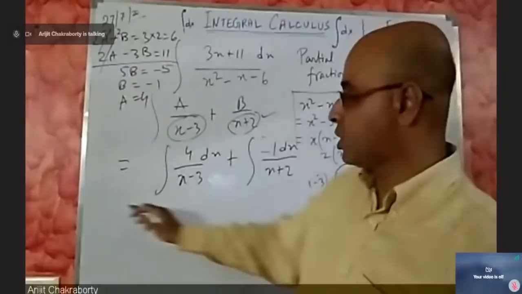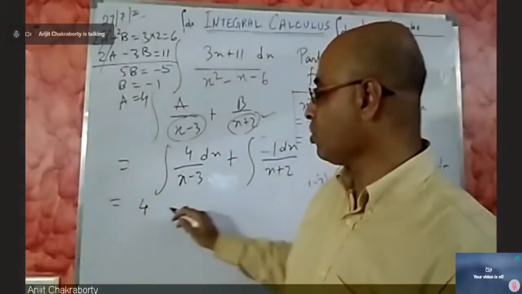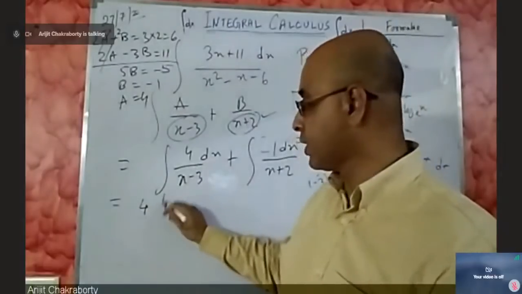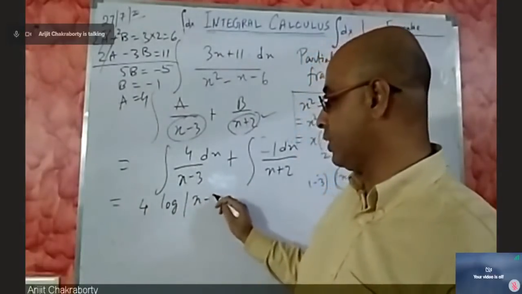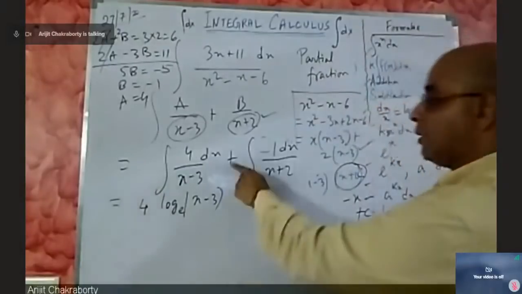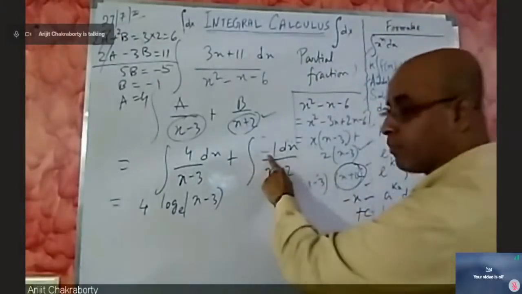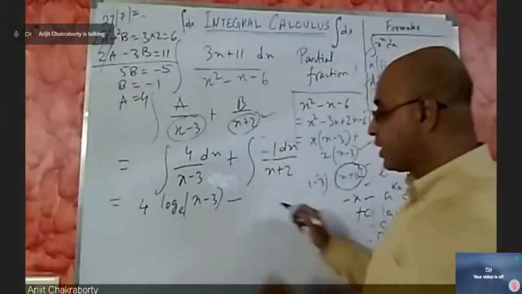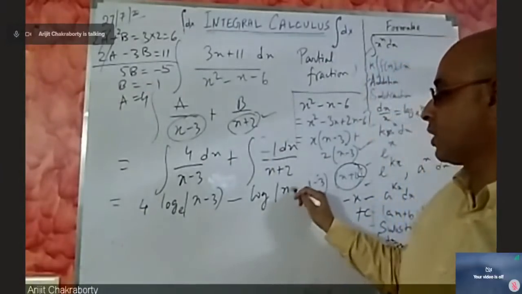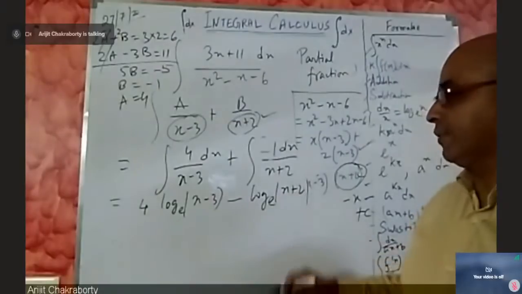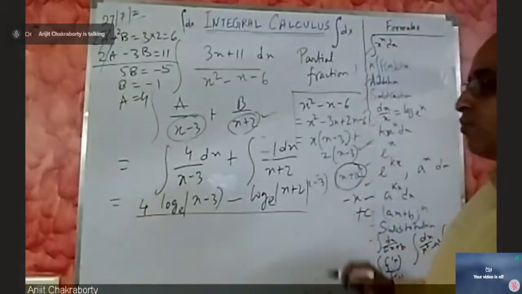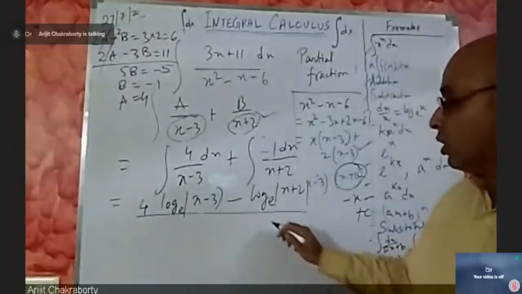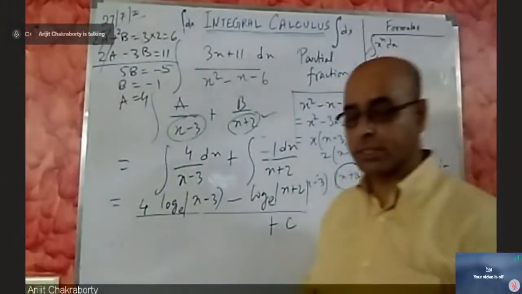Dx by x minus 3 gives you log of x minus 3 to the base e. Plus of minus, so it becomes minus. Dx by x plus 2 becomes log of x plus 2 to the base e. So this is the answer: 4 log x minus 3 minus log x plus 2 plus the constant of integration c.